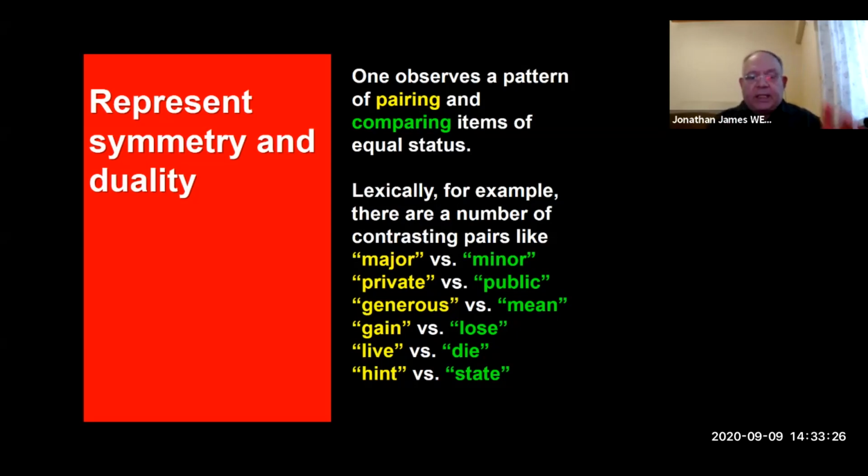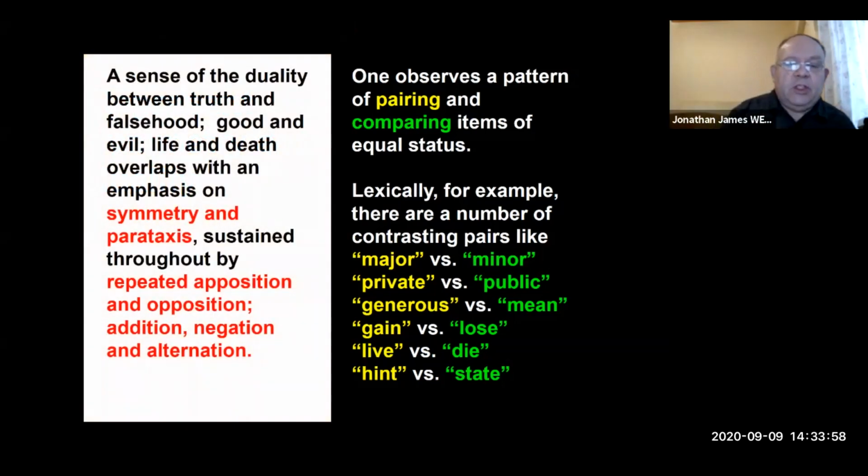So lexically, there's quite a few pairs. There's major versus minor, private versus public, generous versus mean, gain versus lose, live versus die, hint versus state. So you see a lot of pairs here. There again, it's getting across this idea of symmetry as duality.